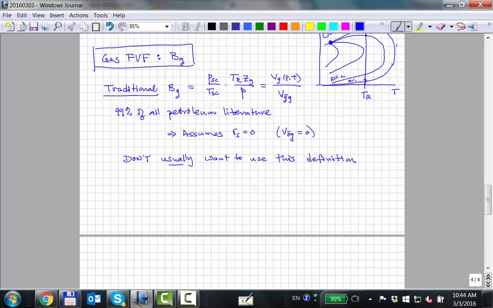What we want to use: BG is the volume of gas at pressure and temperature over what you actually get as surface gas from that reservoir gas. That's what you want it to be. We want to be relating these two volumes. This is what we sell.